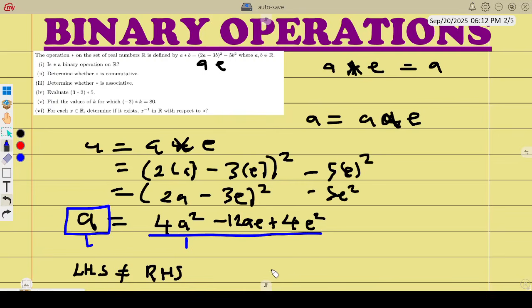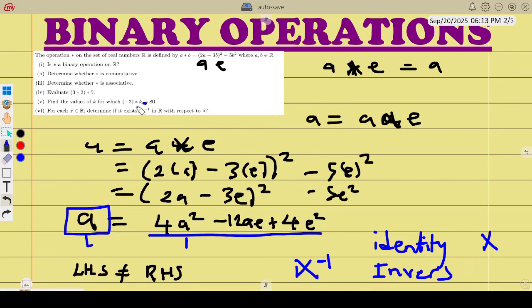So since the identity does not exist, then even the inverse does not exist. Yeah, so the identity does not exist, you write. Therefore, even the inverse. In this question, the symbol for inverse, they just use this.